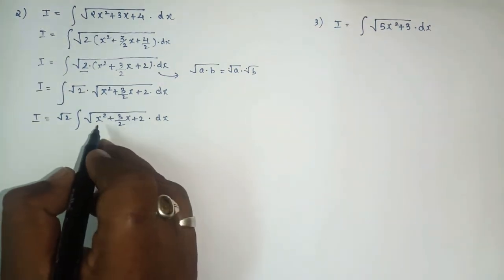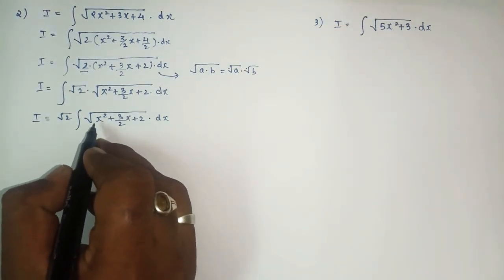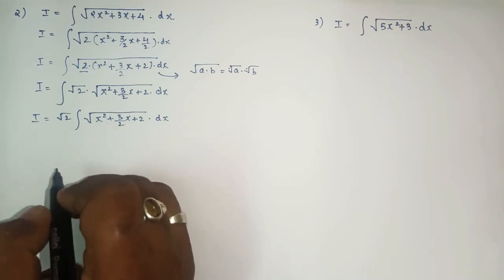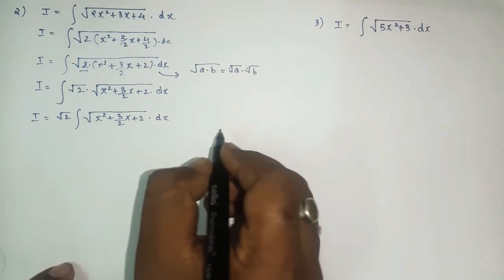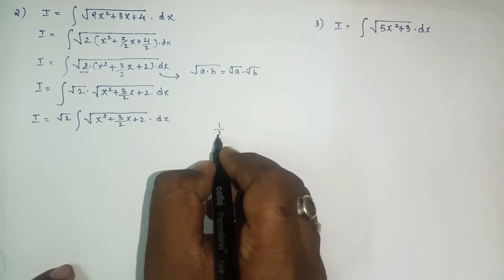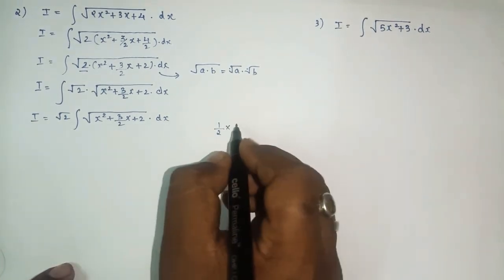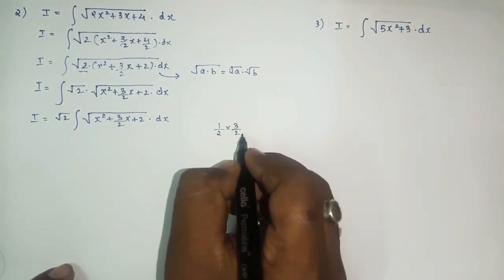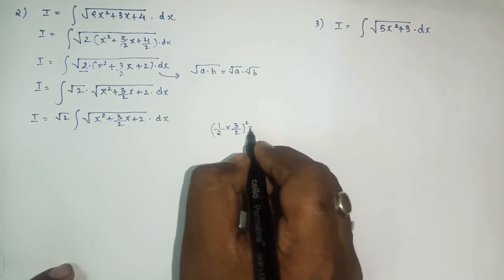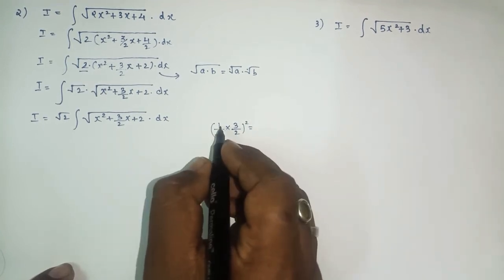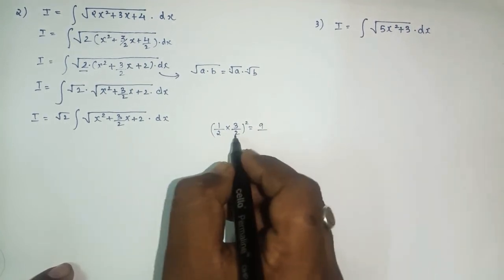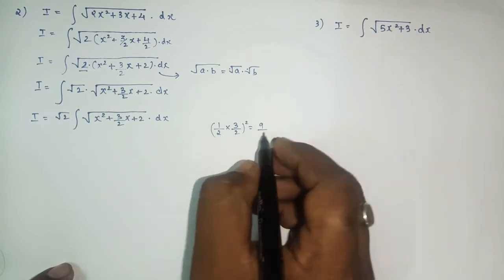After this, clearly we can see that here the sign of x square is plus and the coefficient is 1. We can apply the third term concept. So the third term concept is what? Half into coefficient of x. Coefficient of x here is what? X by 2. Yes or no? So here half of 3 is 3 by 2, 3 square is 9, 2 twos are 4, 4 square is 16.